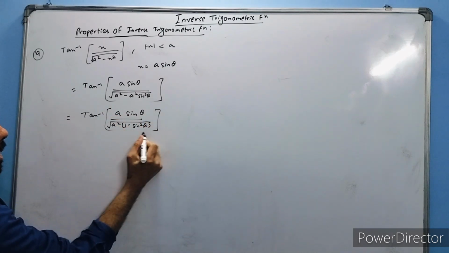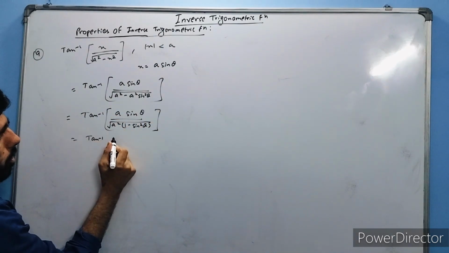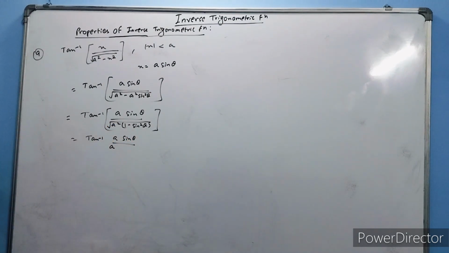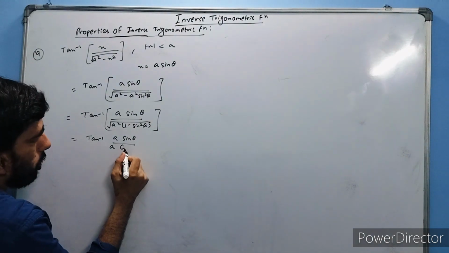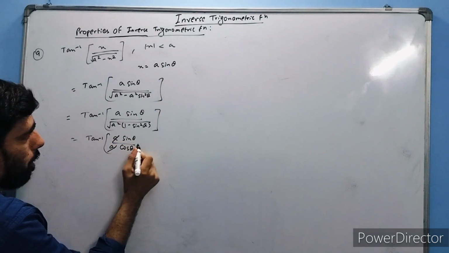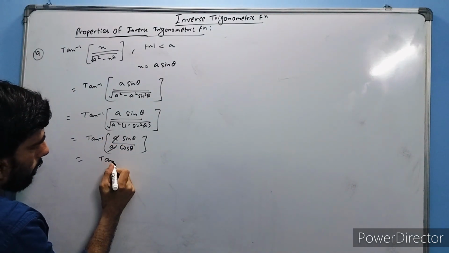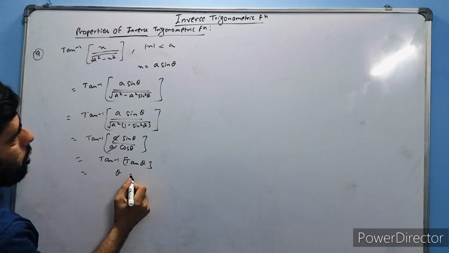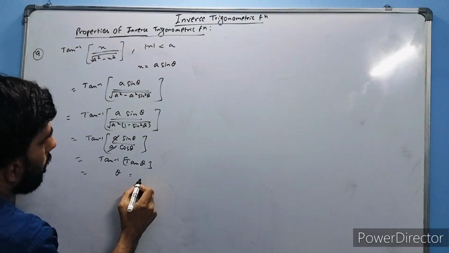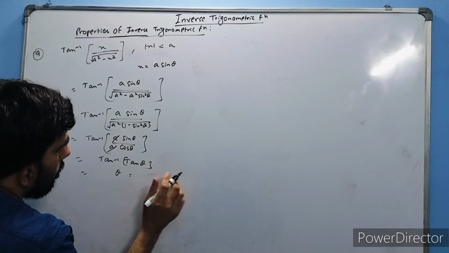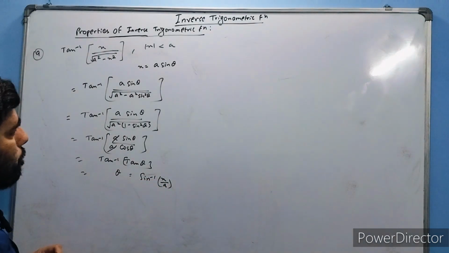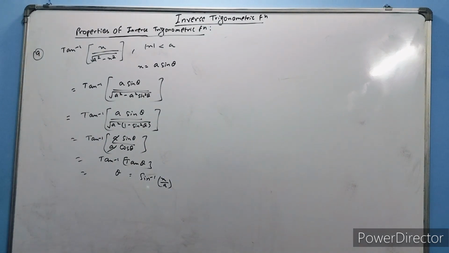Applying the identity, a square comes outside as a, and 1 minus sin square theta is cos square theta, but it is under root, so we have cos theta. So we have tan inverse tan theta, so we have theta. What is theta? If I take theta here, we have sin inverse x upon a. Okay, so that's how we solve the question.